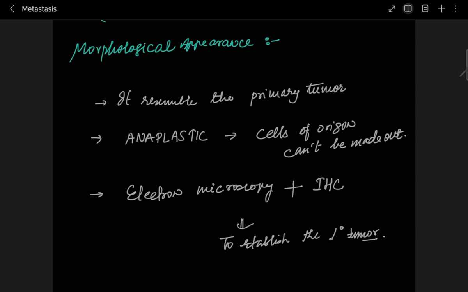So often you will think of it as a kind of metastasizing to another place. What will be the morphology, how will it look? Mostly it resembles the primary tumor, okay, and anaplasia is there, so the cells of origin can't be made out. Sometimes we cannot figure out from where the cancer originated from this malignant site, right.